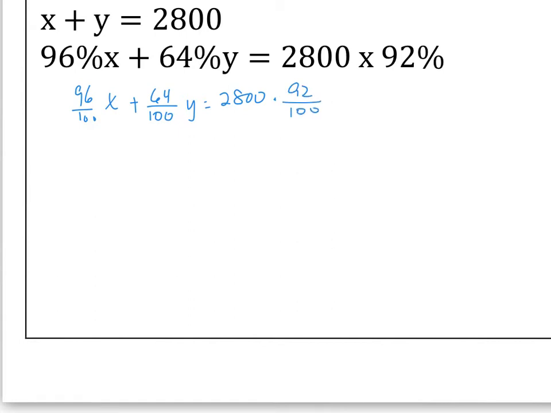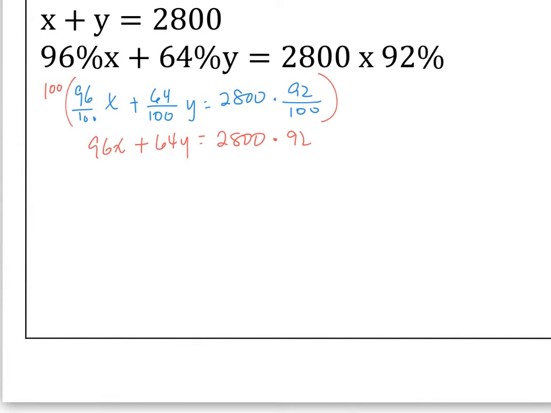Well, here I can multiply everything by 100 to cancel the denominator. So this would be 96x plus 64y equal to 2800 times 92. Well, I'm not going to multiply those two numbers together yet. It's just too much work.